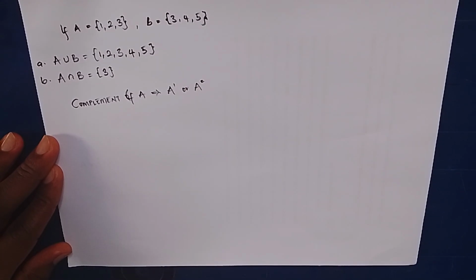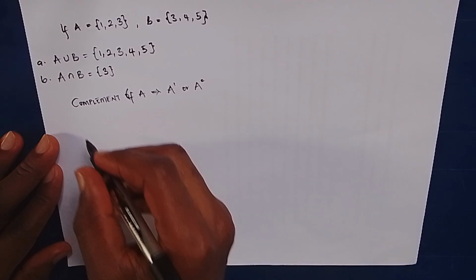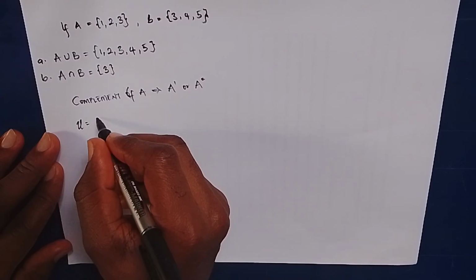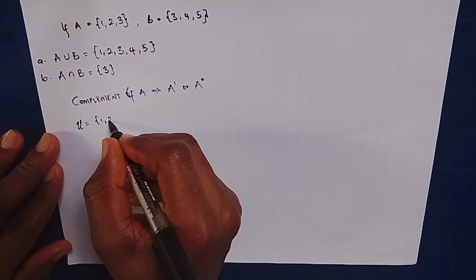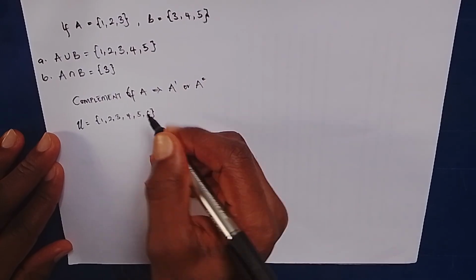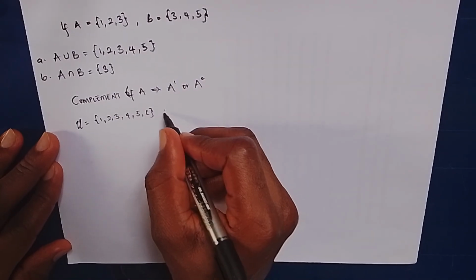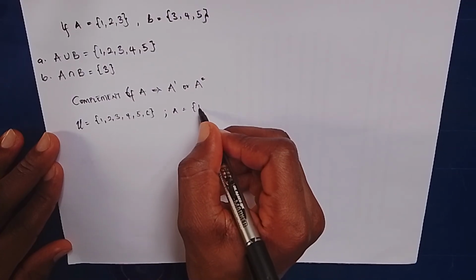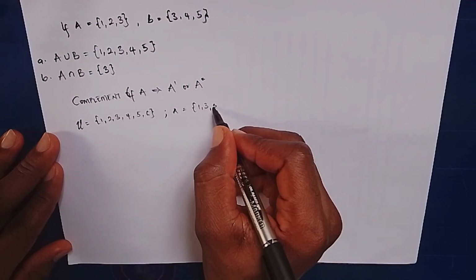The complement of a set depends on the universal set. Let's take this example. We are given that the universal set is equal to 1, 2, 3, 4, 5, 6. And A is 1, 3, 5.